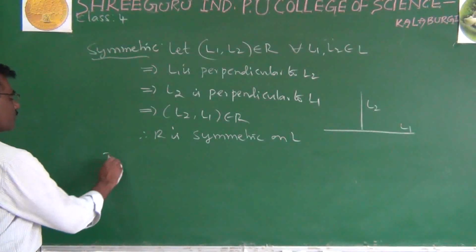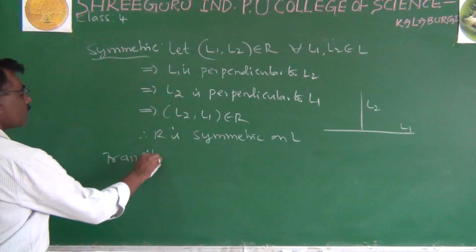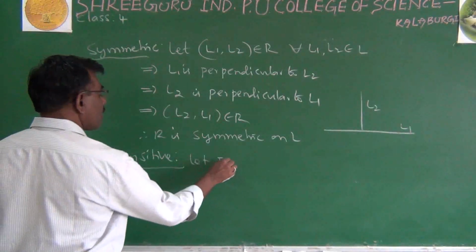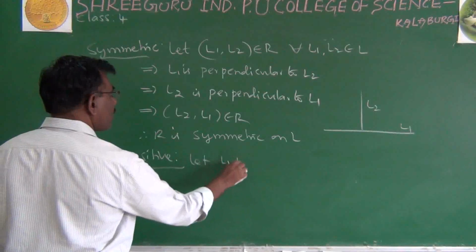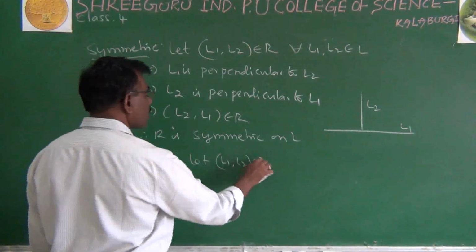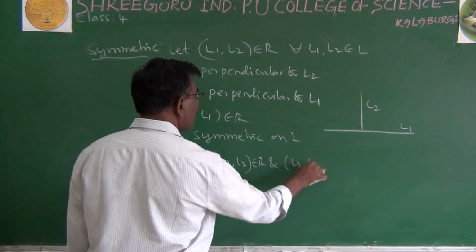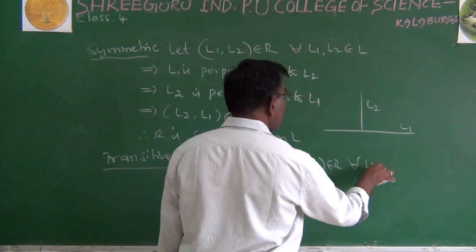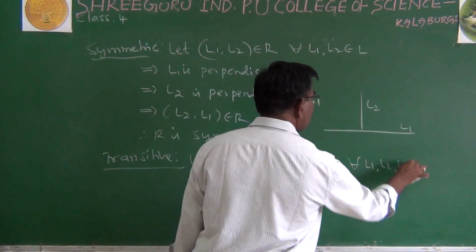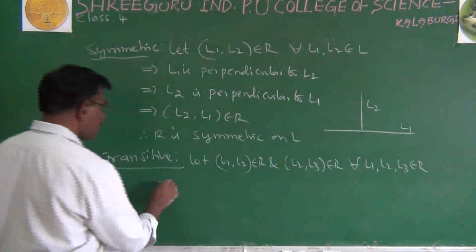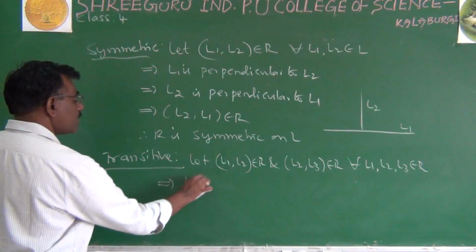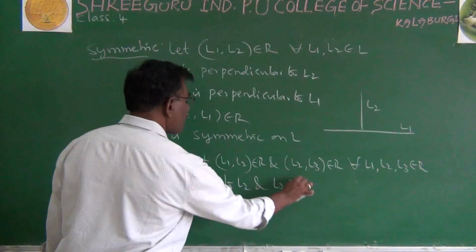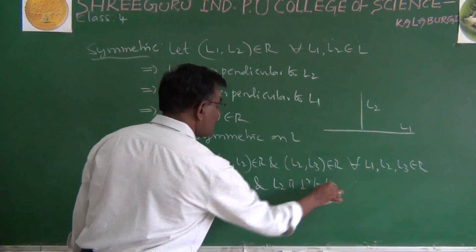Now transitive. Let (L1, L2) belongs to R, and (L2, L3) belongs to R, for all L1, L2, L3. It implies L1 is perpendicular to L2 and L2 is perpendicular to L3.